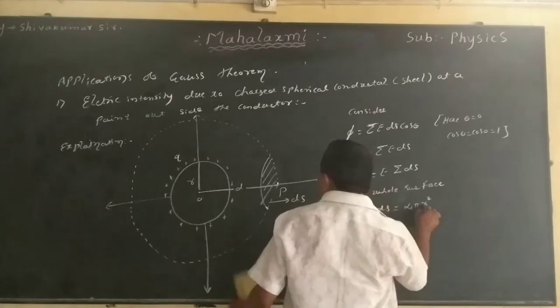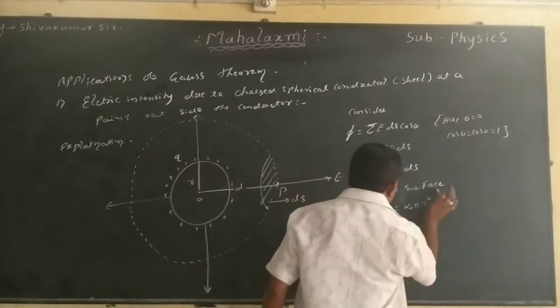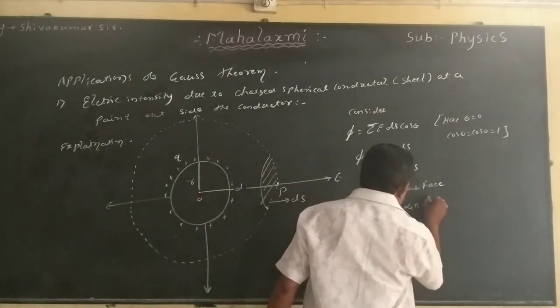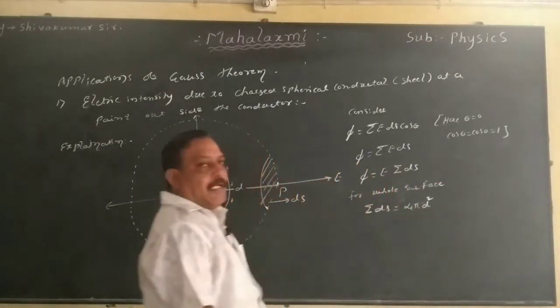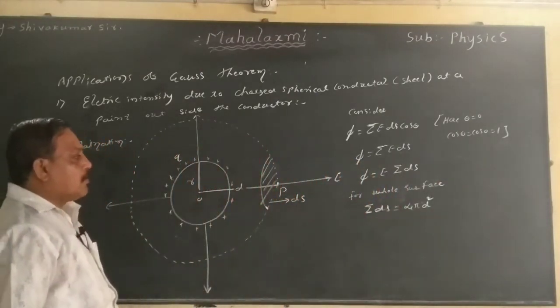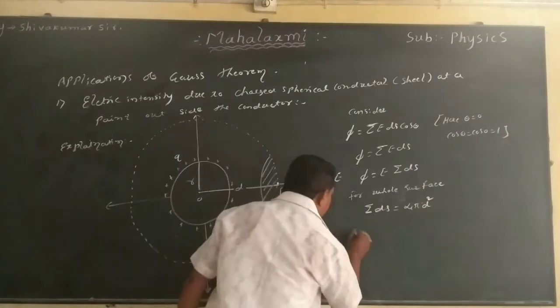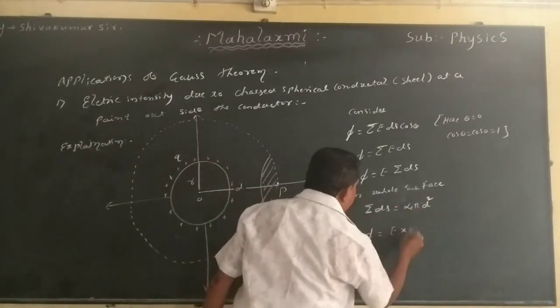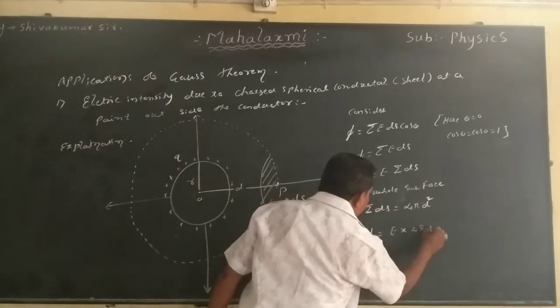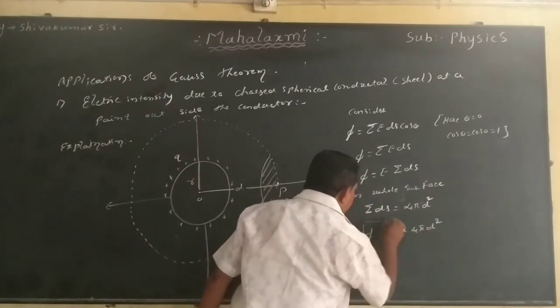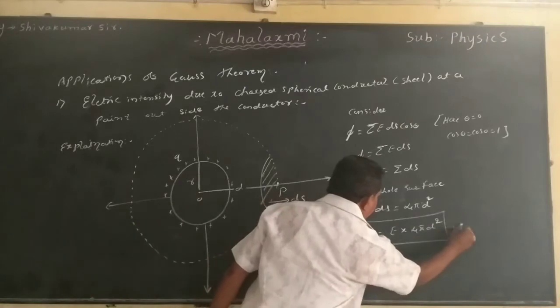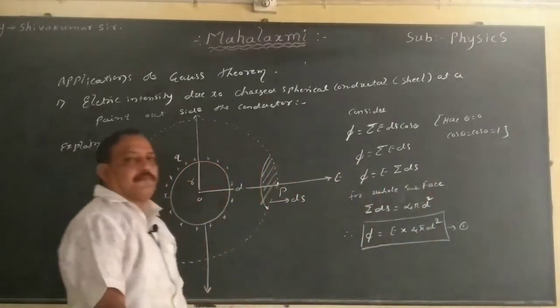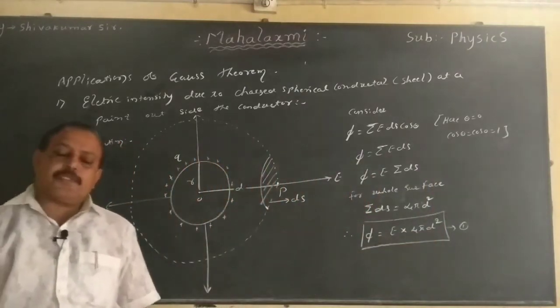But the radius here is nothing but the distance d, so 4 pi d square. Therefore, phi equals E times the sum of ds, which is E times 4 pi d square. I call this equation number 1. Now this is my first equation.